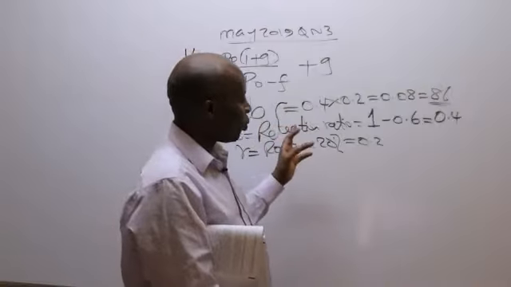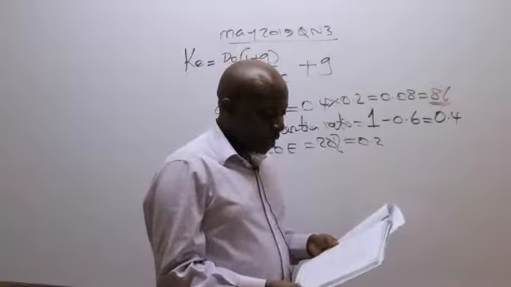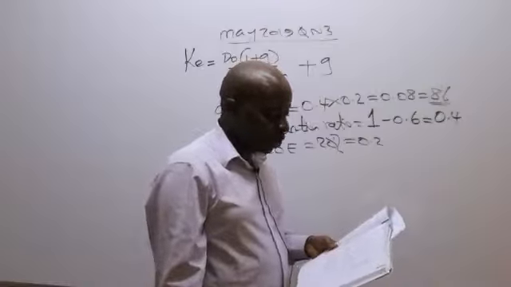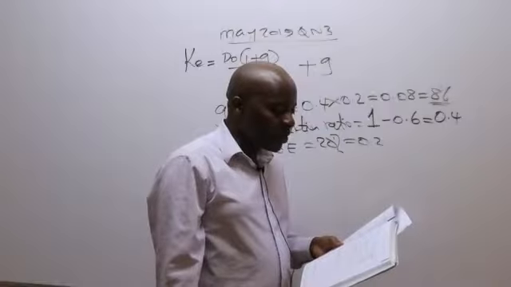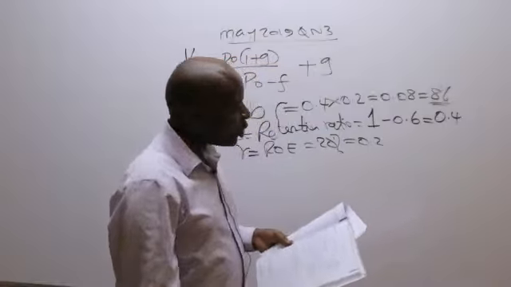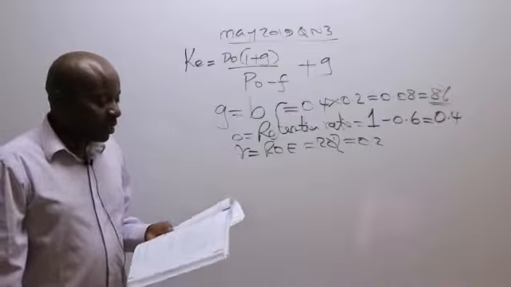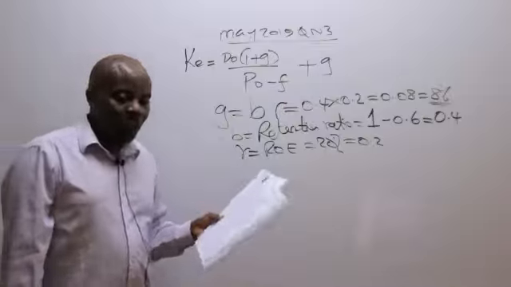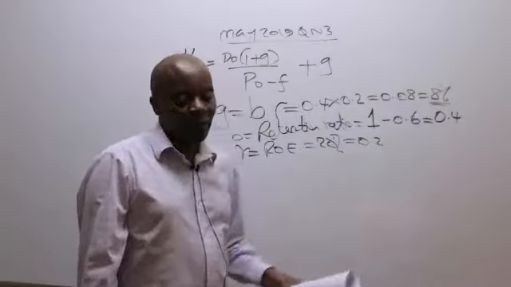First of all, the retention ratio: they have told us in note number 3 that the firm adopts a 60% dividend payout ratio. So if the dividend payout ratio is 60%, then the retention ratio will be 40%, 0.4. And then they have given us the return on equity. Remember, ROE stands for return on equity. Once I have the two, I multiply, which ends up giving us 8%.